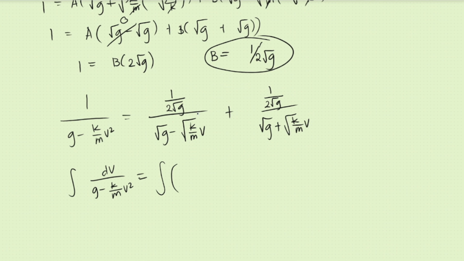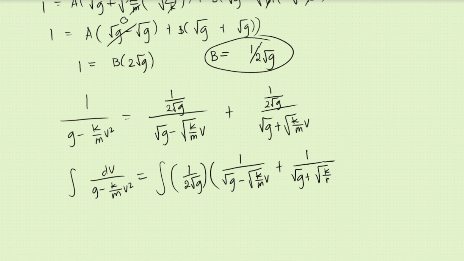We can factor out the 1 over 2 square root of g, because we don't want that in the numerator. So we're going to have 1 over square root of g minus square root of k over m v, and we can also have plus 1 over square root of g plus square root of k over m v. Don't forget about the dv. So I want to factor out the square root of k over m so that it's easier to integrate.